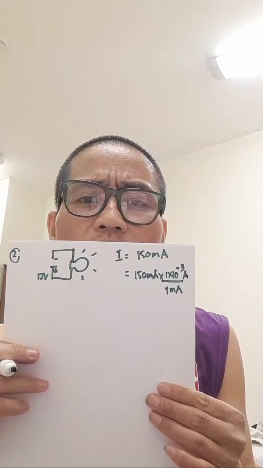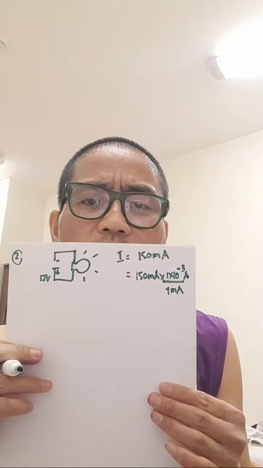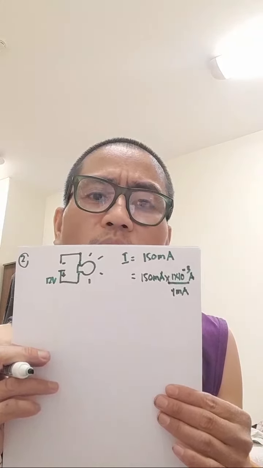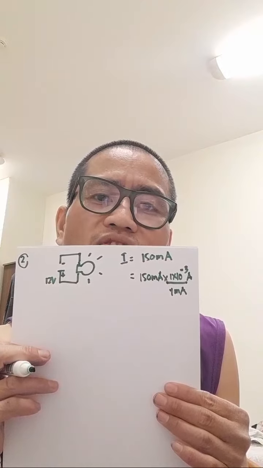Milli means 10 to the negative 3, right? So we have to convert this 150 milliampere. 1 milliampere is equal to 1 times 10 to the negative 3 ampere. This is the conversion factor, or you can write that as 0.001.